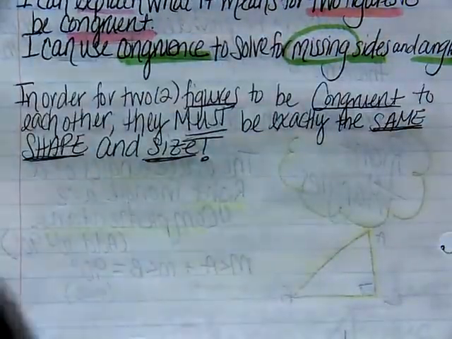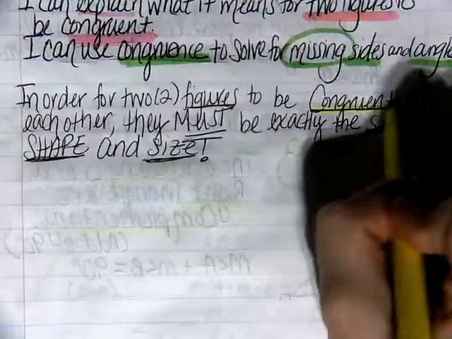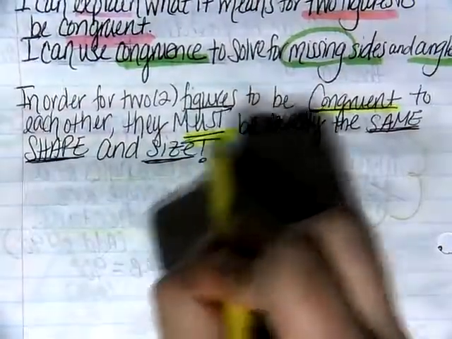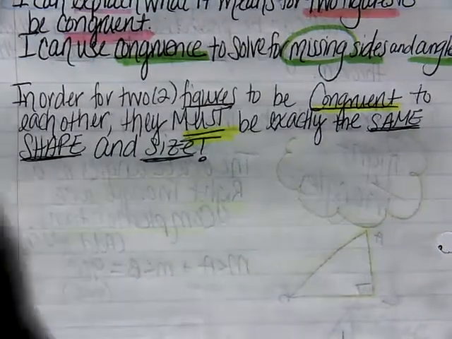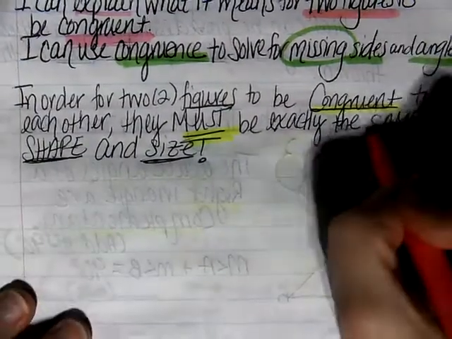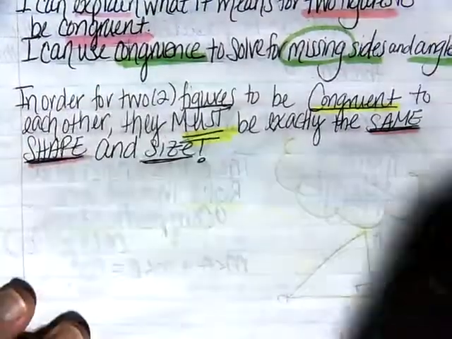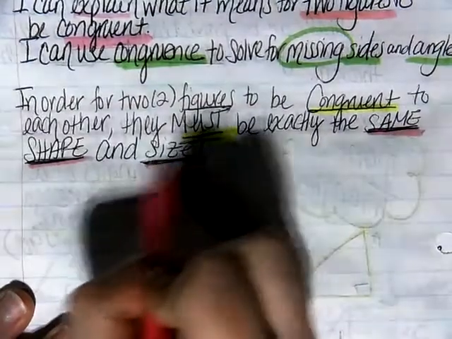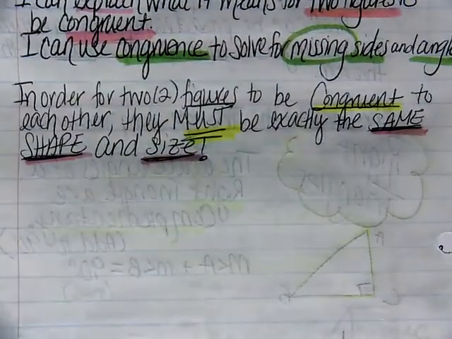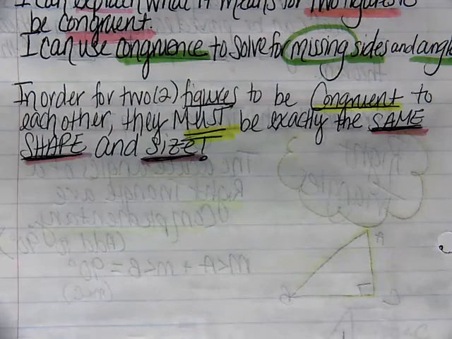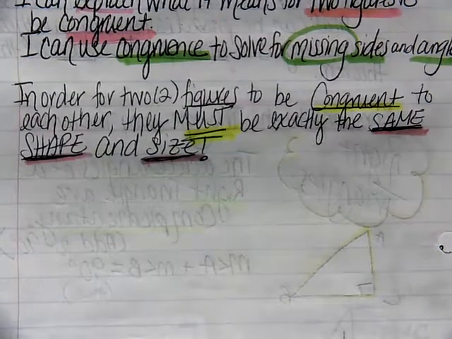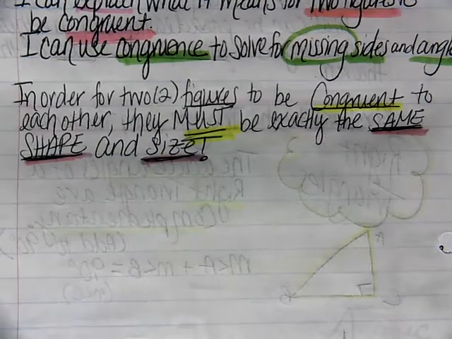So in order for two figures to be congruent, they must be exactly the same shape and they must be exactly the same size. So that is really, really important. They have to be the same shape and size. If they're not, then they're not considered congruent.